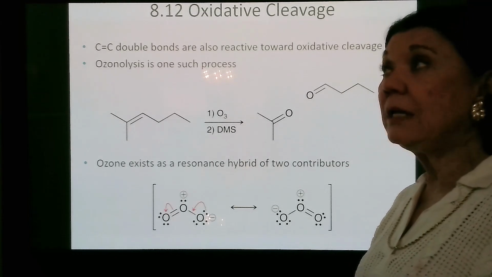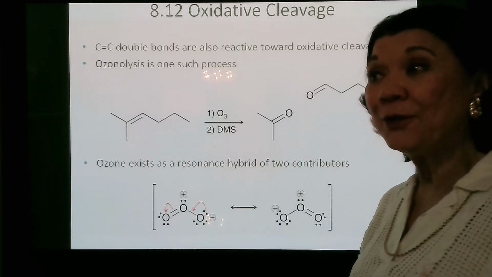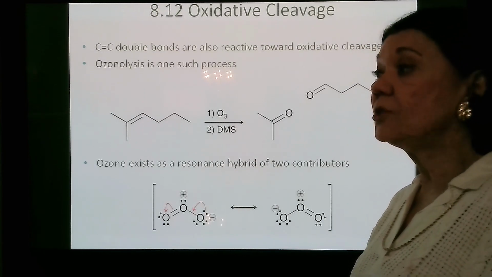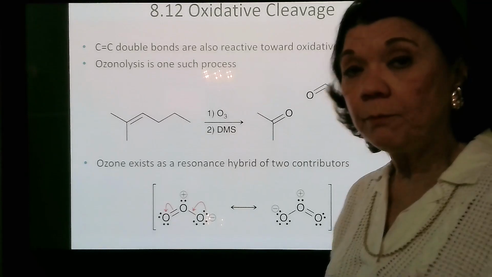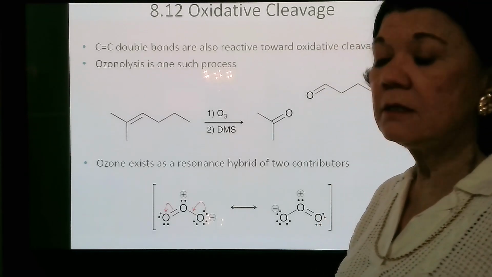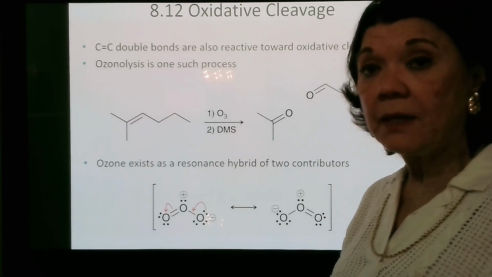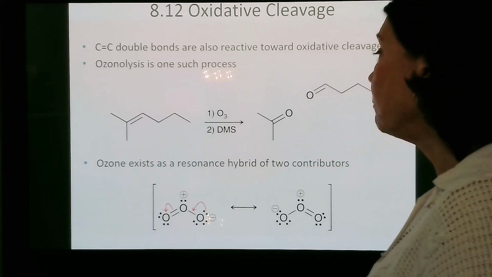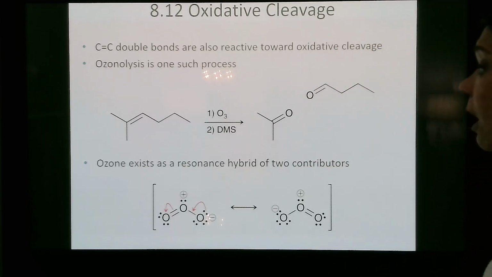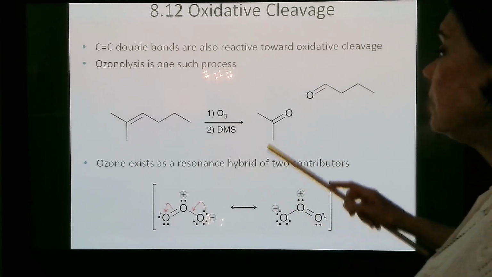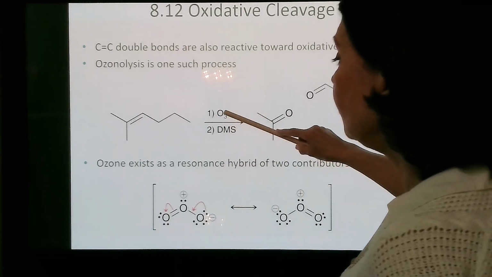I don't think that it's really that important for you to learn the mechanism, since it's disputed all the time, and there's no point in learning something if it's under dispute. That's my belief. So what you need to do is here just learn this is ozonolysis.